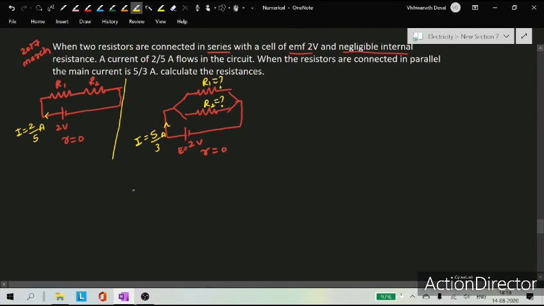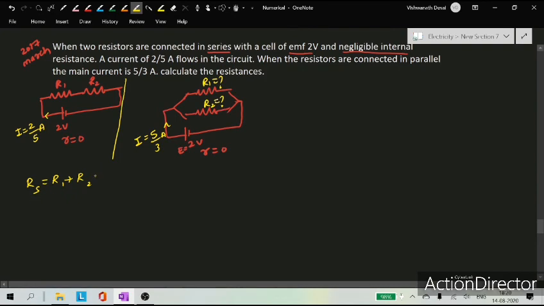Okay. Now, just by looking at this circuit diagram, the resistors are in series, right? What is the formula when resistors are in series? Okay, I will start from here. Rs is equal to R1 plus R2, right?